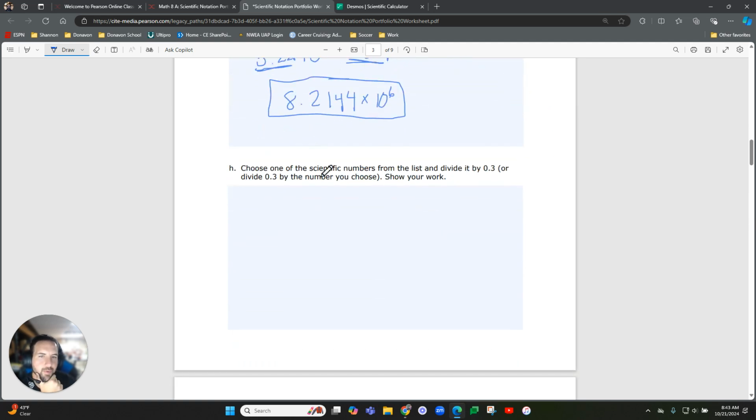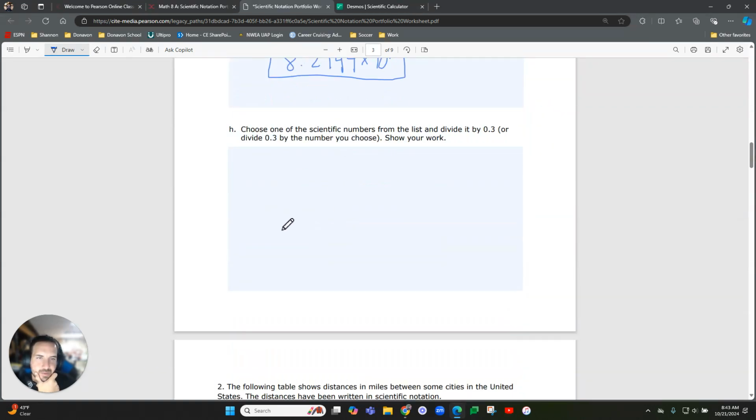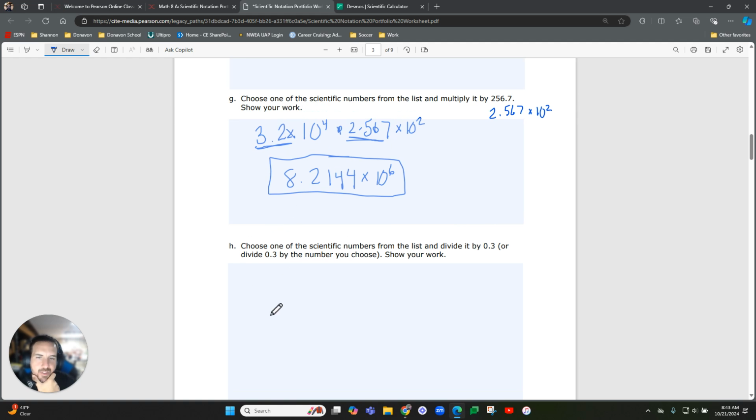All right, next one, we are going to divide one of the numbers by 0.3. So let's just keep it simple and just do the same number again. So this one, I'm going to divide this number by 0.3. So 3.2 times 10 to the 4th. And now I'm going to convert 0.3 to a number in scientific notation. Or you could do 32,000 divided by 0.3.